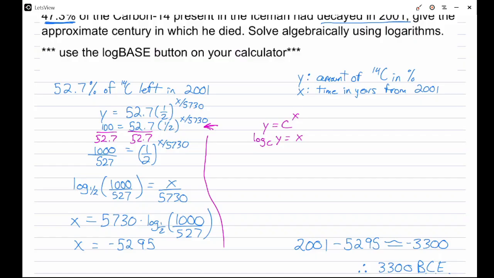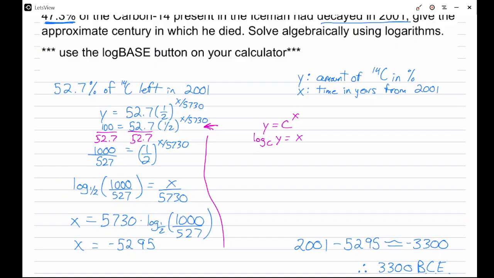One other thing that I should note, if you look at where we did our switch, between those two lines, another way that you could think about going from the line 1,000 over 527 equals 1/2 to the x over 5730 down to the logarithmic equation.